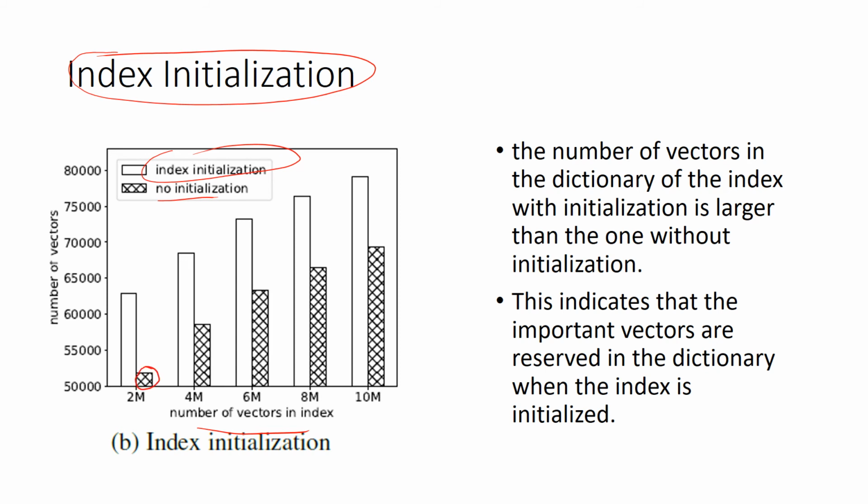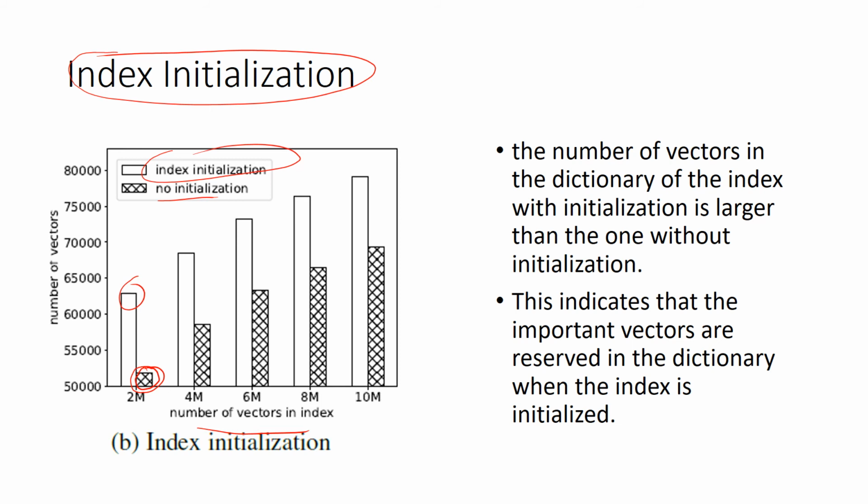So if in total we only have 2 million vectors, for the one without initialization, the inverted index is very, very small. But with index initialization, the size of the inverted list or the vector dictionary is more stable.